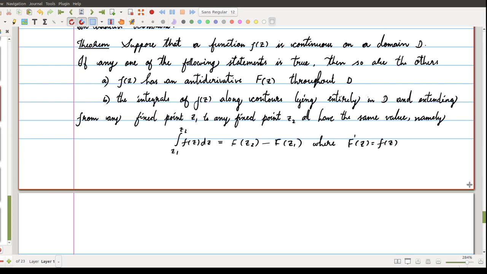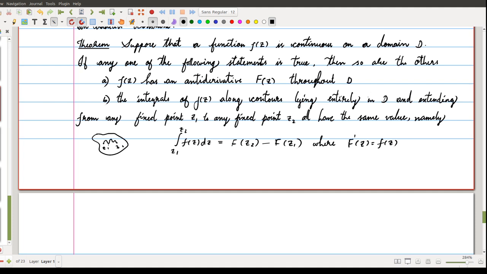That means, suppose we have a domain like this, and there are two points z1 and z2, and we have a contour joining these two.